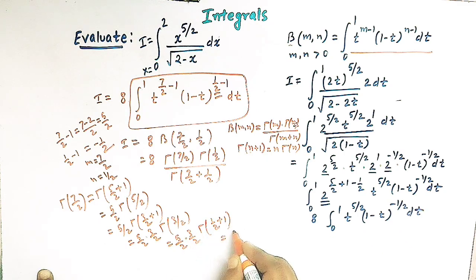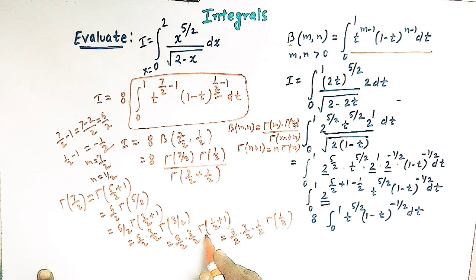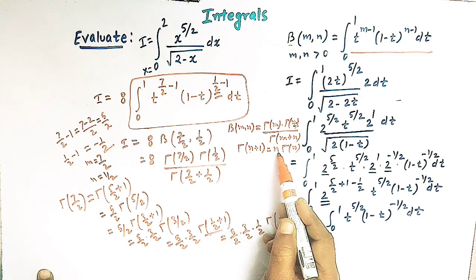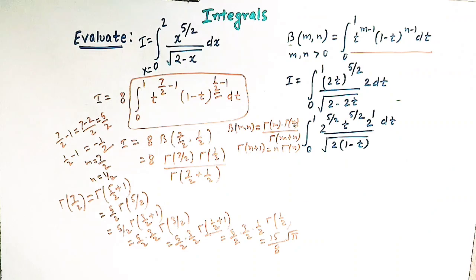So we can now write 5 over 2 times 3 over 2 times half, and then we have gamma half. So here again we have used this result, right? Now this is 5 times 3 is 15, and here 2 times 2 times 2 is 8, and gamma half is given by square root of pi.